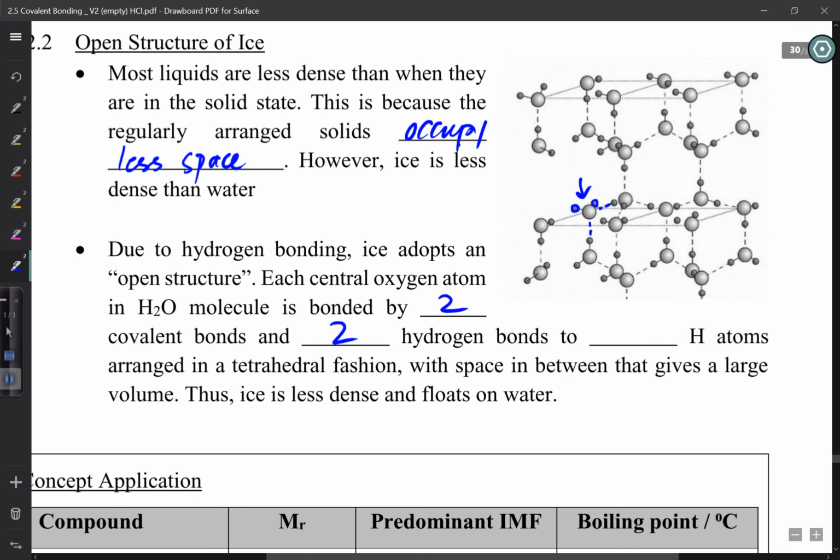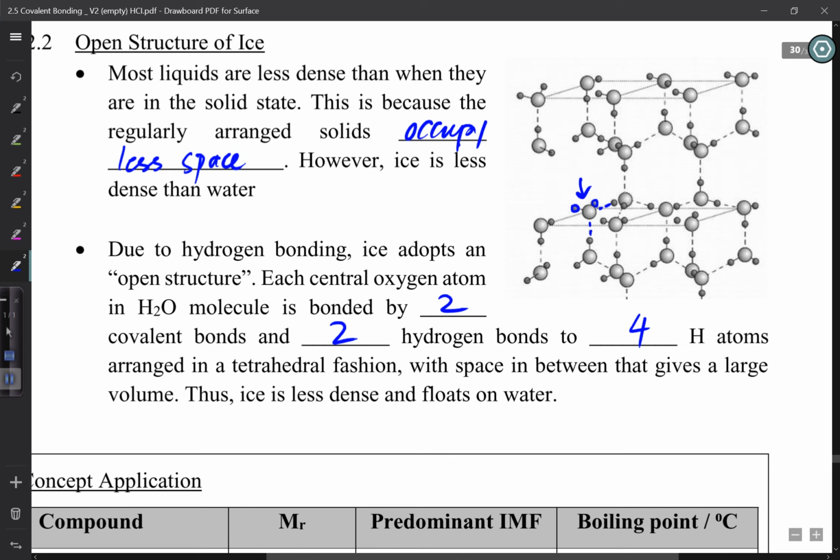That's because water contains 2 lone pairs and 2 hydrogens, so just nice, it can form 2 each. So when it forms this kind of structure, around each oxygen you get something like a tetrahedral shape.